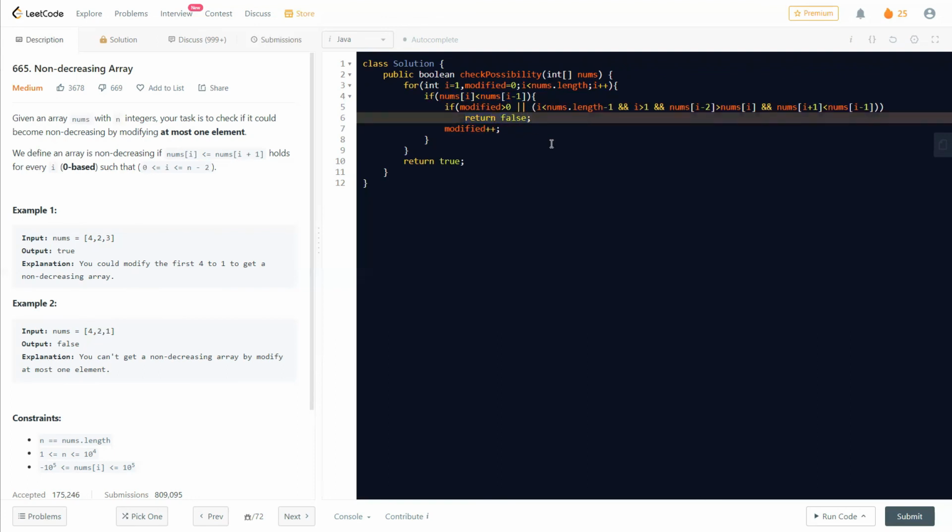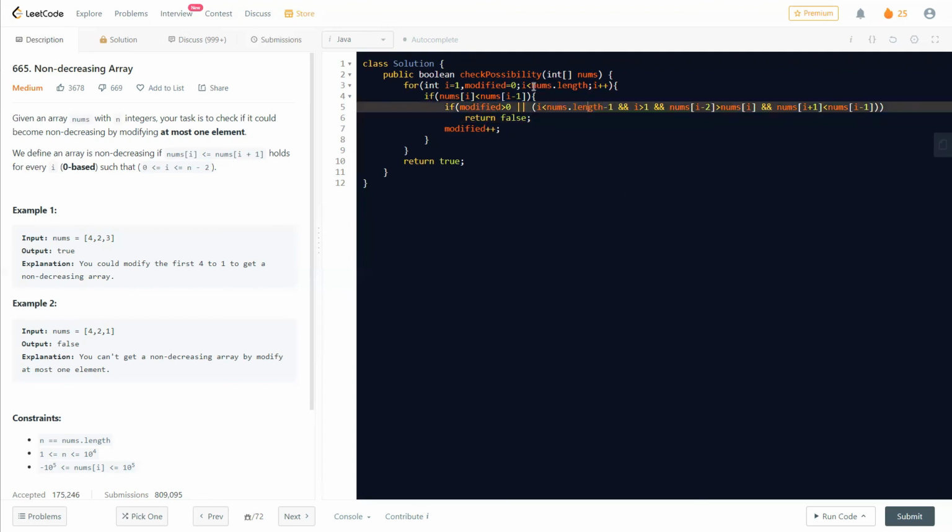Okay. In the other case, what I've shown you in the graph is that there are two conditions to check: if i is less than nums dot length minus 1, and i is greater than 1. Why am I checking nums dot length minus 1?